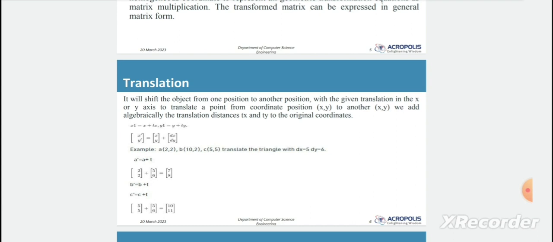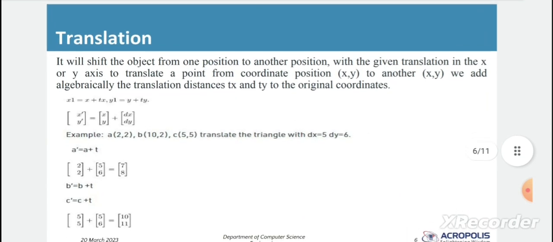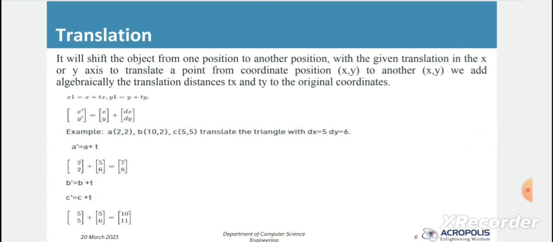So what we will do is, x dash is x plus tx, y dash is y plus ty. So x dash and y dash will be x, y plus dx, dy. For example, A is 2 comma 2, B is 10 comma 2, C is 5 comma 5.